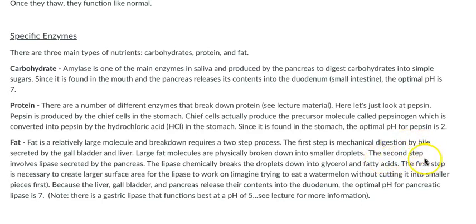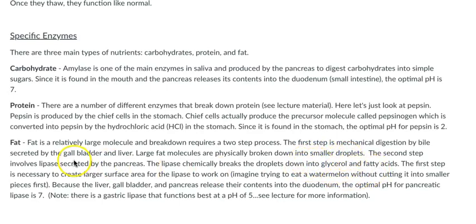The next step involves lipase. That is an enzyme, and because it's an enzyme, it's going to be a chemical reaction. That lipase is secreted by the pancreas. So it's a chemical breakdown, and we're breaking down those smaller fatty droplets into glycerol and fatty acids.